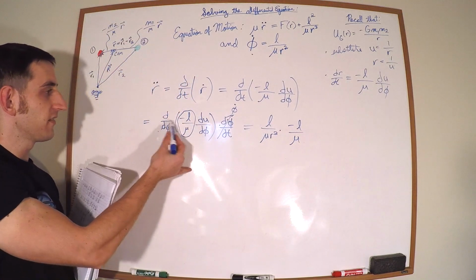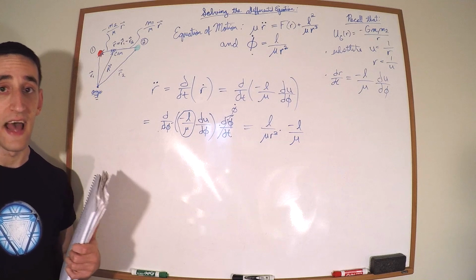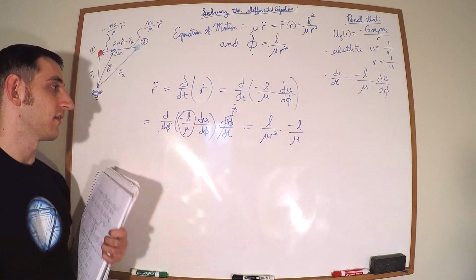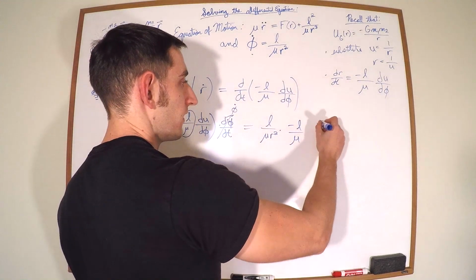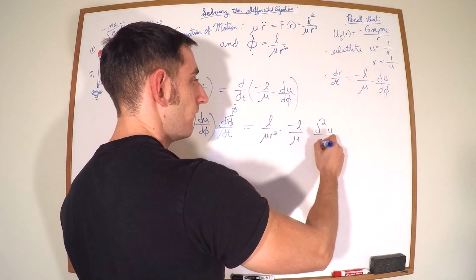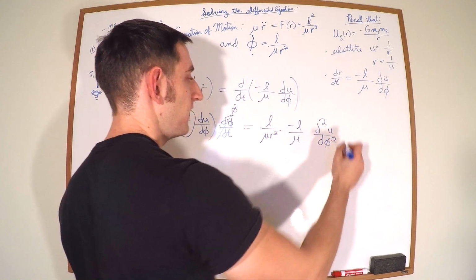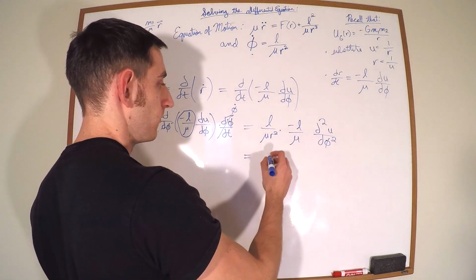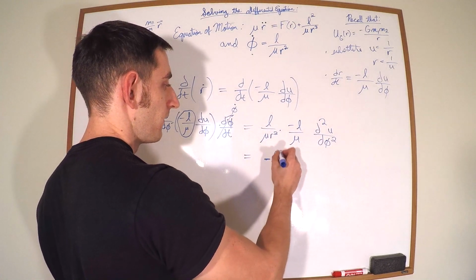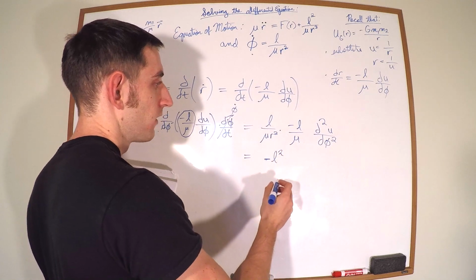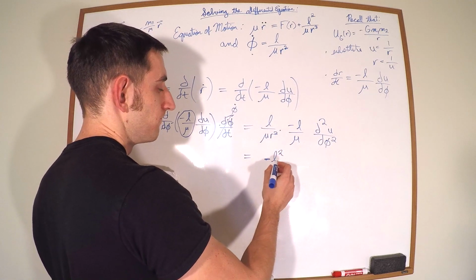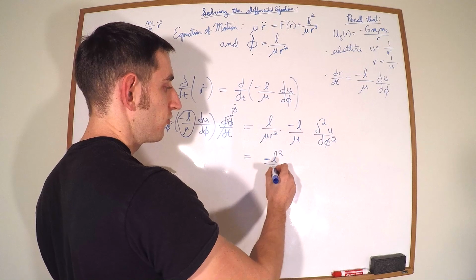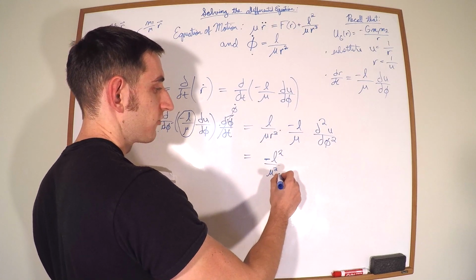And then we just apply this derivative to the guy it has to apply to, because again, these are constants. So then we end up with the second derivative of u with respect to phi, and that is equal to negative L squared over mu squared r squared.